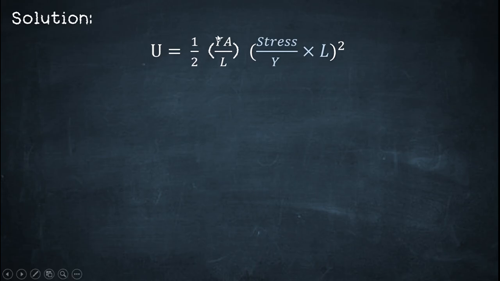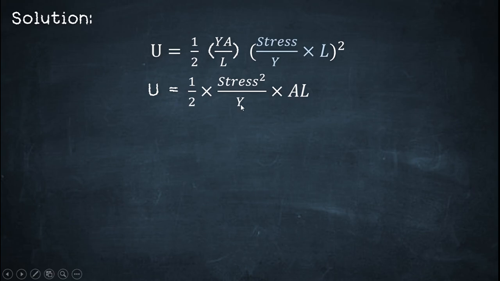So cancelling Y: as it is squared, there are two Y's in the denominator and one Y in the numerator. We will cancel one of the Y's. Similarly, we can cancel one of the L's and we will be left with 1/2 stress square, because the square is on it. One L has been cancelled, so we are left with one L. Similarly, one of the Y's in the denominator has been cancelled out. We are left with one Y. And this area has been multiplied over here.